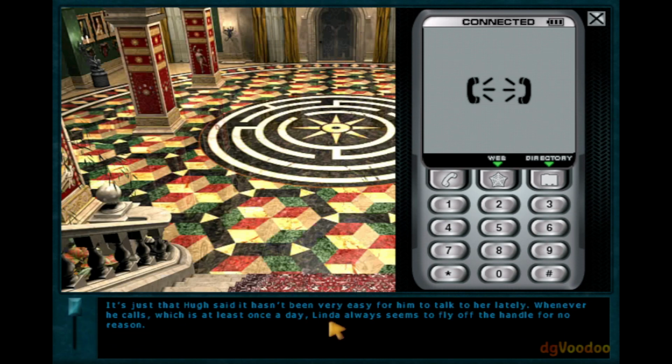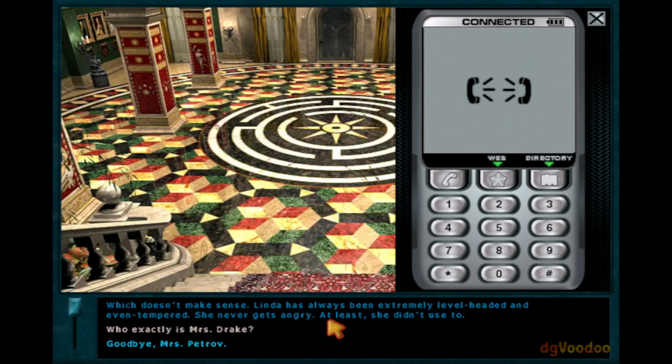It's just that Hugh said it hasn't been very easy for him to talk to her lately. Whenever he calls, which is at least once a day, Linda always seems to fly off the handle for no reason, which doesn't make sense. Linda has always been extremely level-headed and even-tempered. She never gets angry. At least she didn't used to.